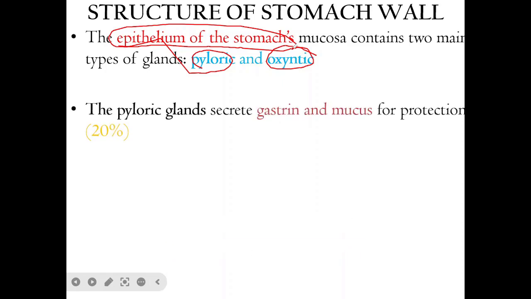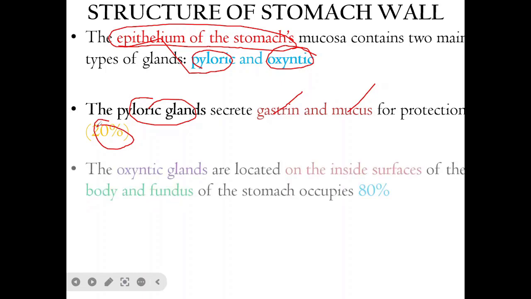See, the pyloric gland secretes gastrin plus mucus for protection. The mucus is for protection, and gastrin is a hormone, right? Of the total secretory cells, 20% of the stomach secretion comes from the pyloric glands. What do these pyloric glands produce? They produce gastrin and mucus.